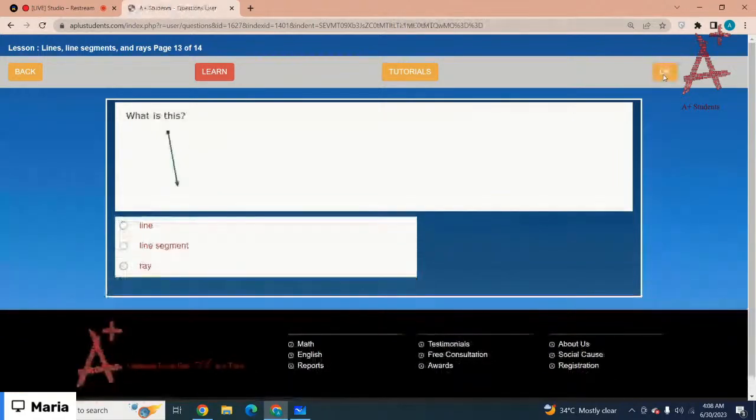What is this? Yes, that is the ray. The correct option is ray because it has just one endpoint.